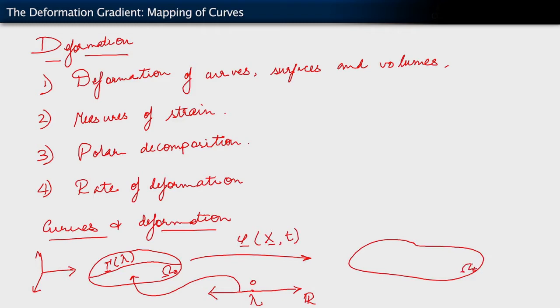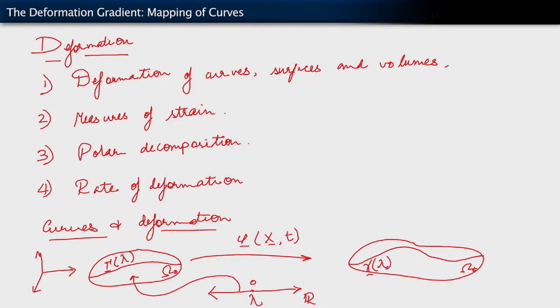That curve capital Gamma has now become, let's suppose, more distorted. And we are going to label this curve now, because it's in the deformed configuration of the body, little gamma, but note that it can still be parameterized by lambda.